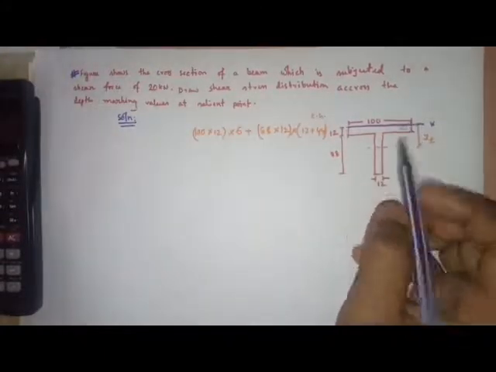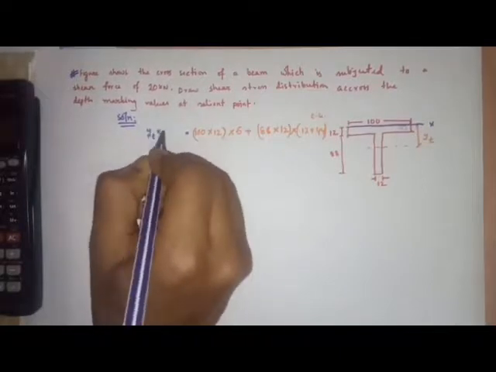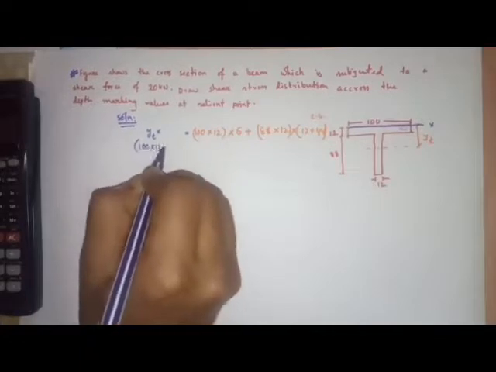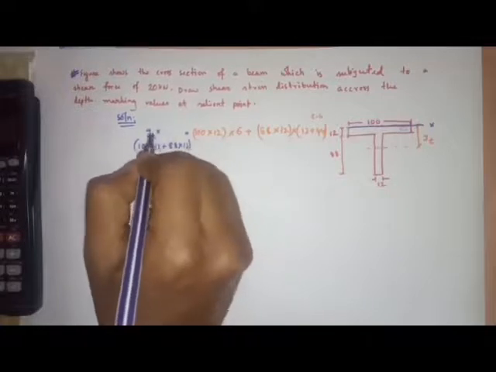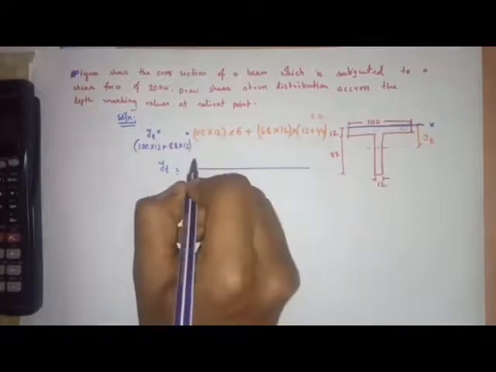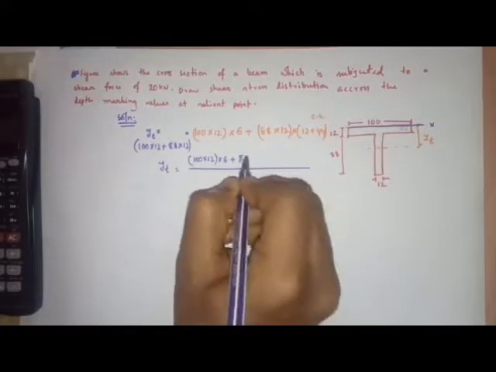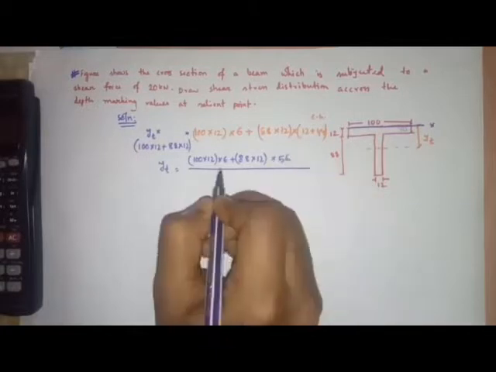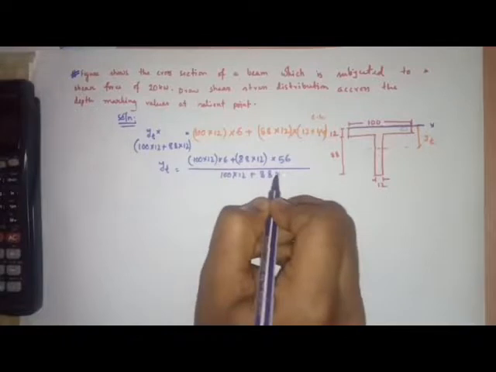Now yt will be the sum of each area times its centroid, divided by the total area. So yt is 100 into 12 into 6 plus 88 into 12 into 56, divided by 100 into 12 plus 88 into 12.